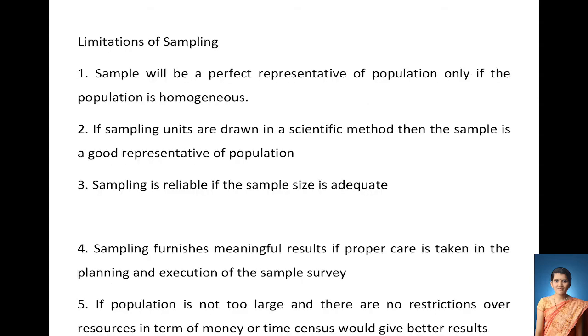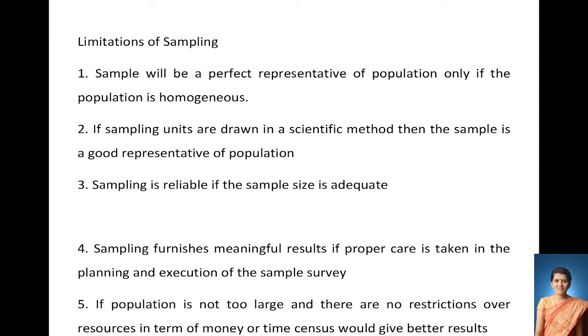Now, there are some limitations of sampling, as well as limitations of census. So, what are these limitations? The first limitation is that a sample will be a perfect representative of the population only if the population is homogeneous. Second, if the sampling units are drawn by a scientific method, then the sample is a good representative of the population. Third, sampling is reliable if the sample size is adequate.